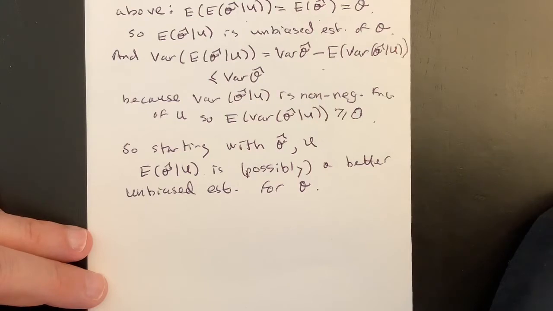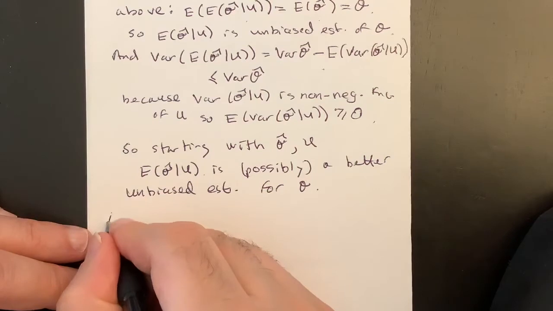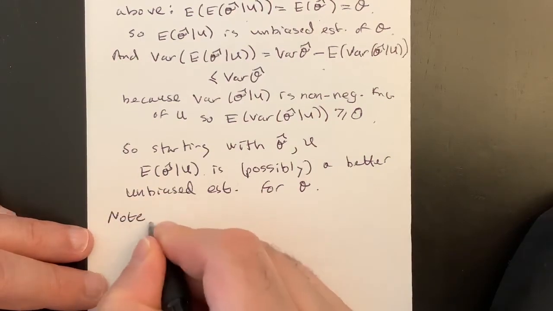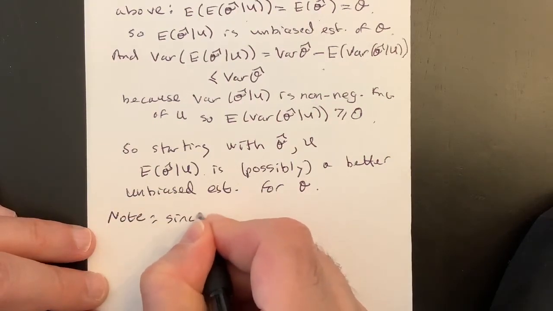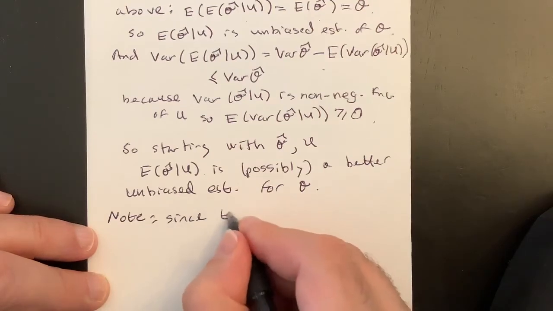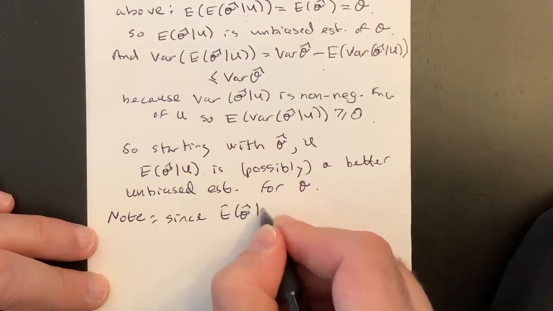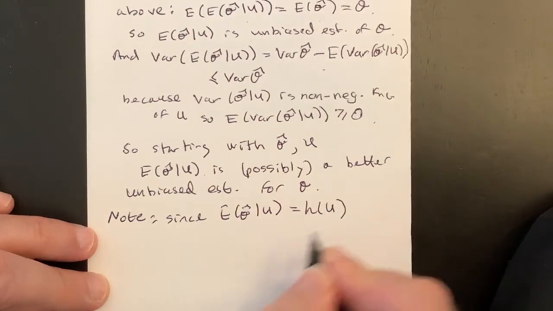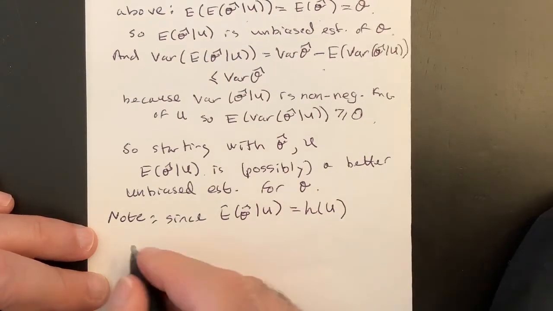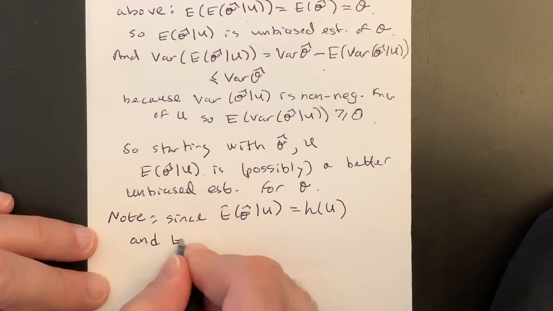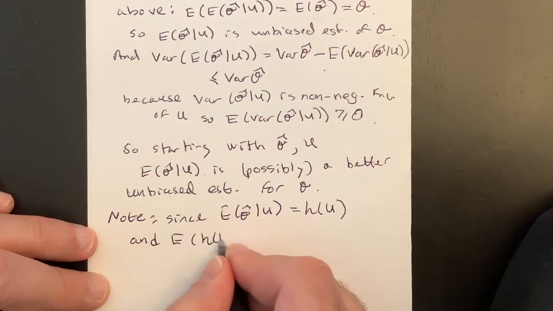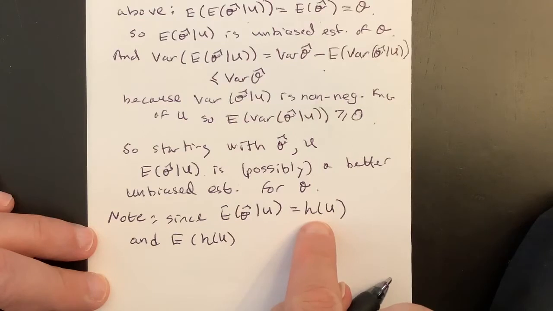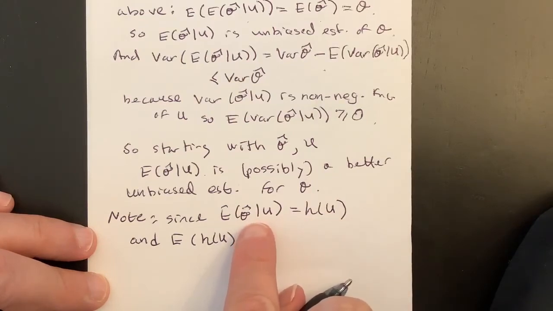So let's write that down. Since E of theta hat given u is a function of u, equal to h of u, h of u will be unbiased and will have at least as good a variance as theta hat, but I can't do it again.